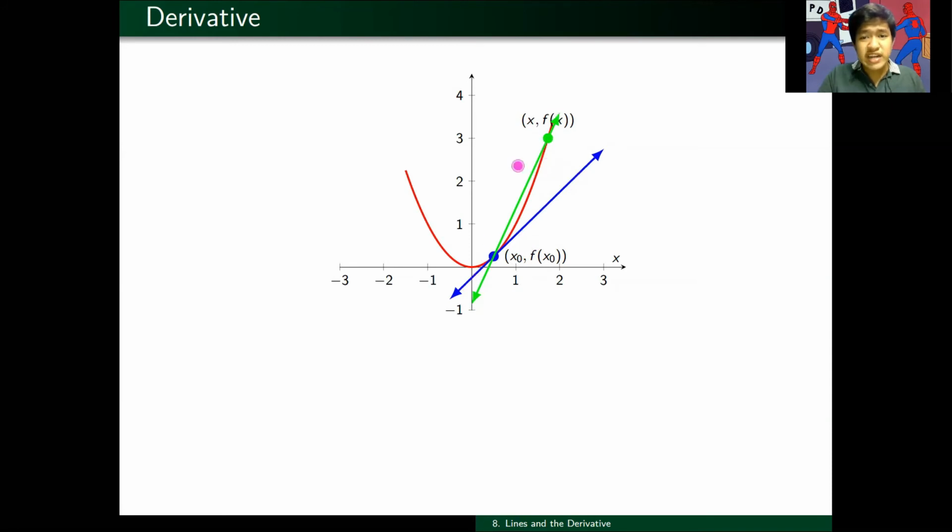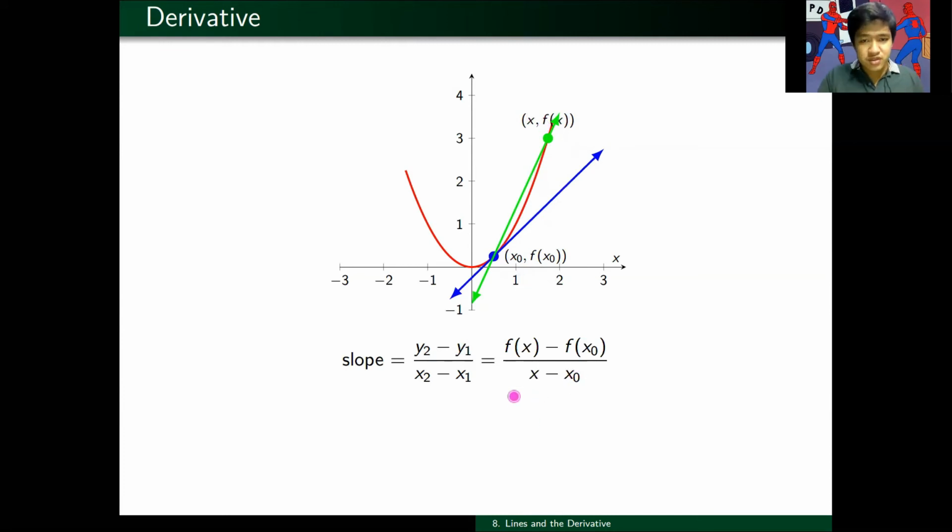So, ano yung slope ng green line? Well, remember your formula for slope, passing through 2 points. Ito yung formula, y2 minus y1 over x2 minus x1. Ito yung gagawin kong x1, y1. Ito yung gagawin kong x2, y2. So, magiging ganito: f of x minus f of x0 over x minus x0.